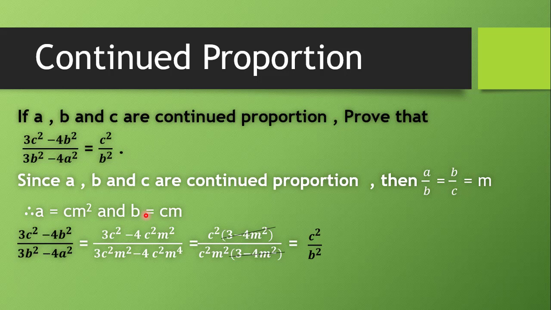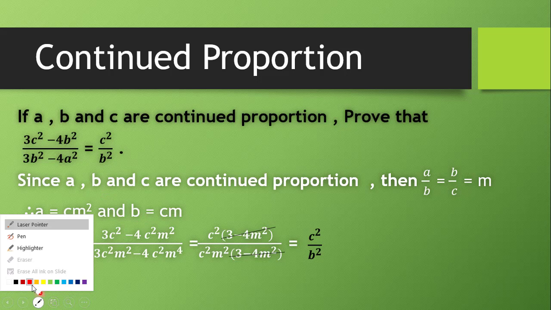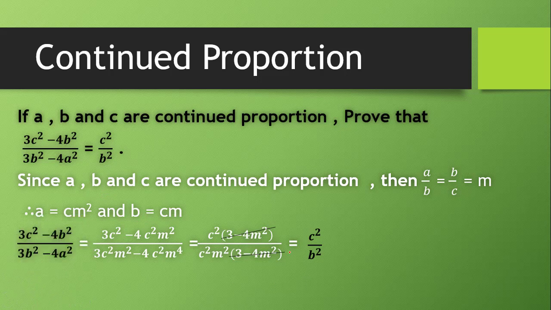Okay, you can use another method by simplifying the right hand side also. Here, for example, instead of C, I'll write C power 2, and here I write B power 2 as C power 2 M power 2.